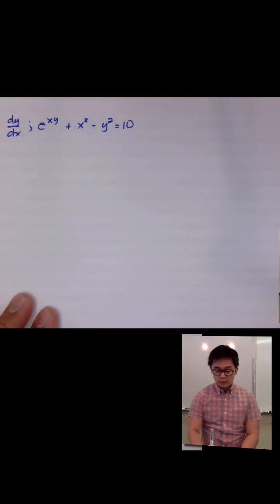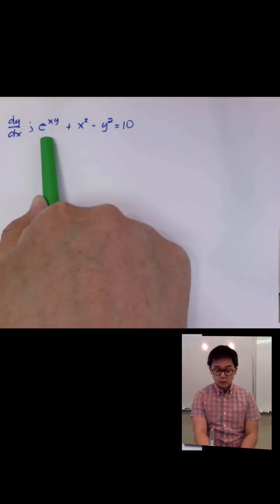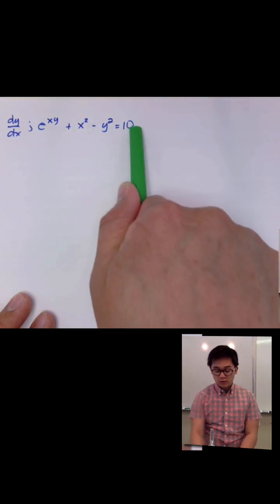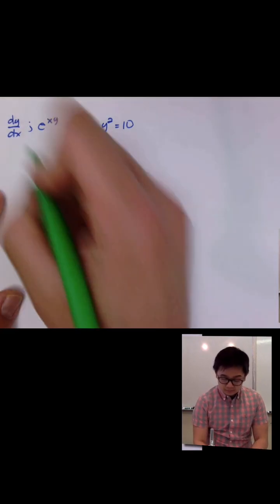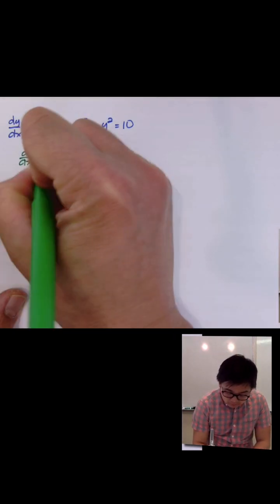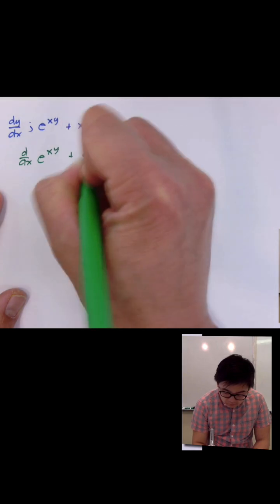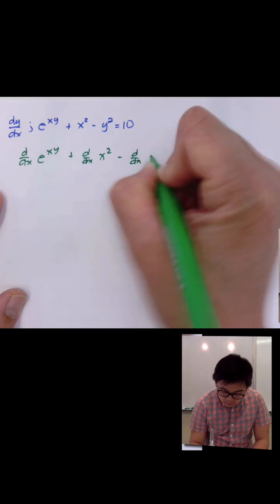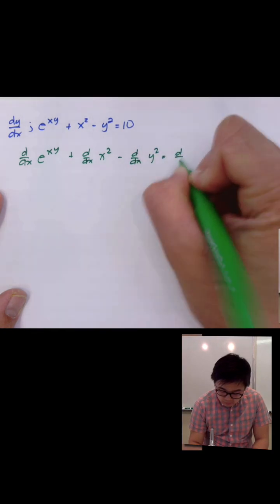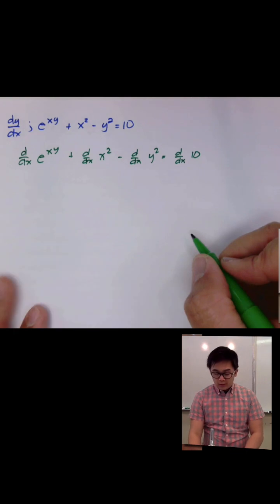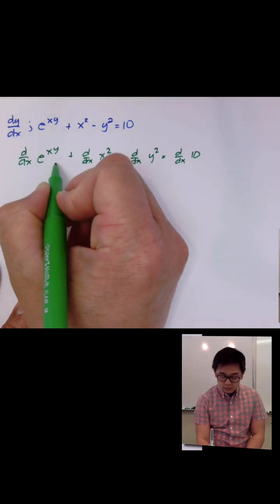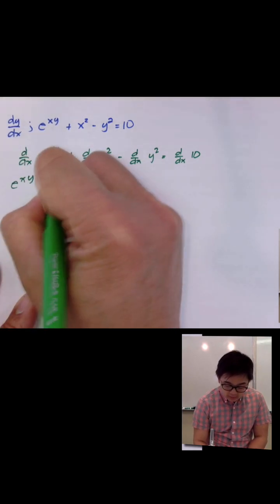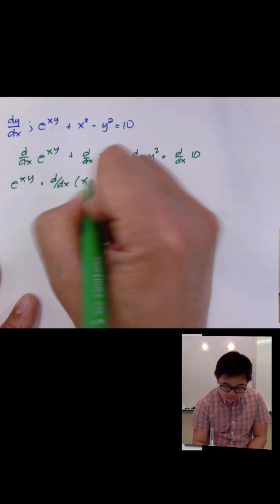minus y squared. So we need to know the derivative rule for e to the u, which is e to the u du/dx, and just the power rule and the constant rule for the other terms. So we'll end up with e to the u du/dx, so we'll copy e to the xy and take the derivative of xy.